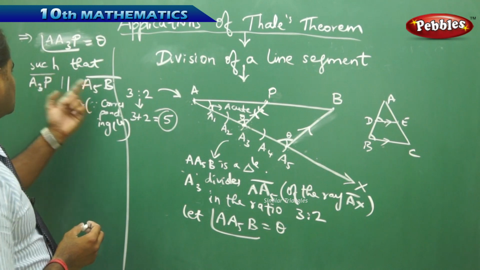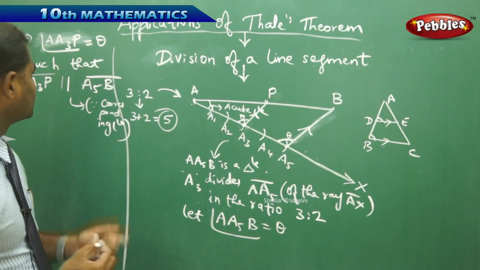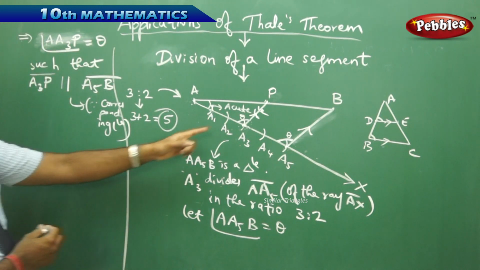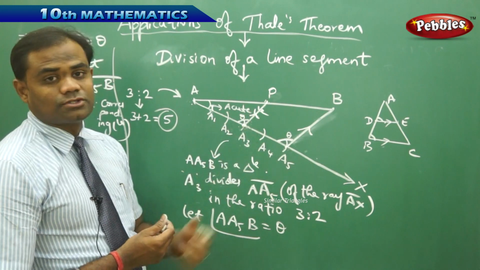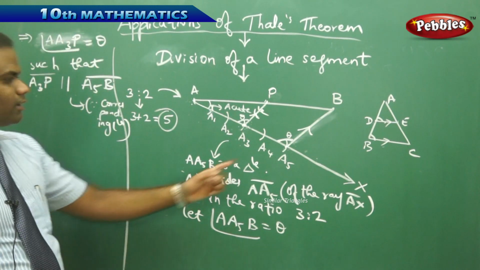Therefore, when this is parallel to this, is because this and this are theta, such that both of them being equal make these two lines to be parallel. Now therefore A3P is parallel to A5B.